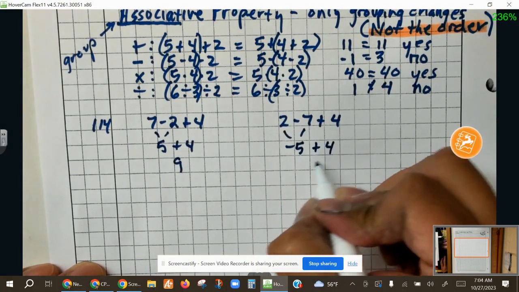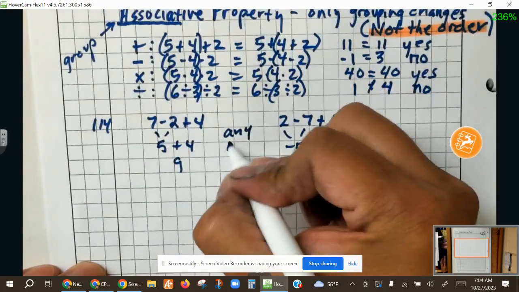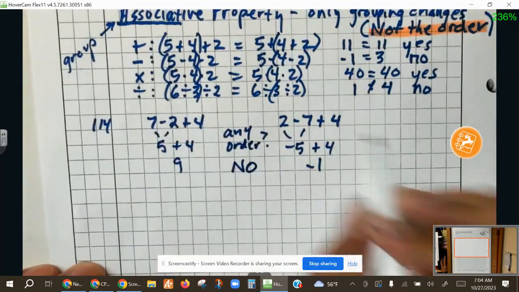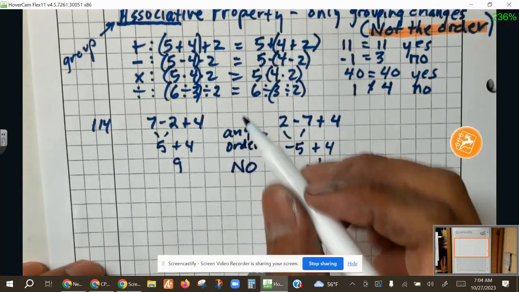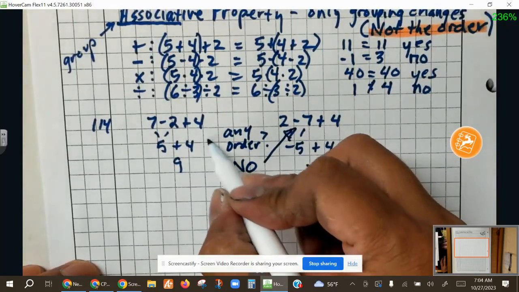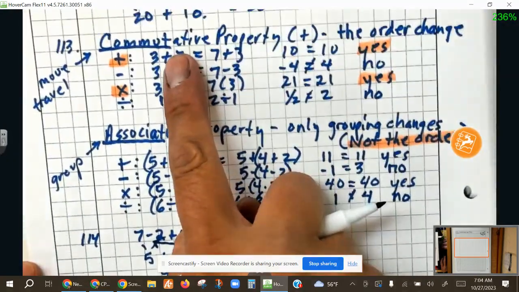And negative 5 plus 4 is negative 1. So can we use any order? The answer is no. And the reason why we can't do it in any order is because we have subtraction here. So since we have subtraction, we know that we cannot use a commutative property with subtraction, right?